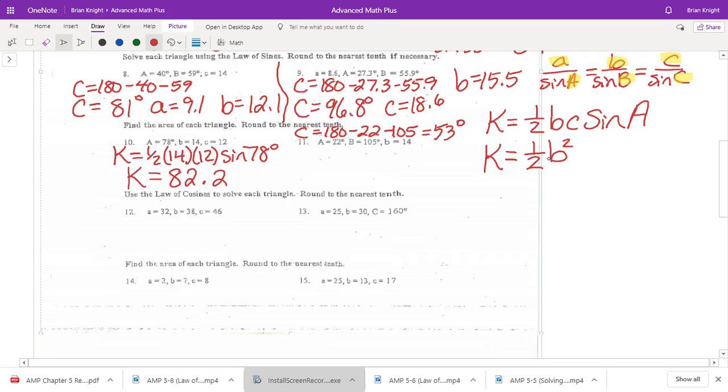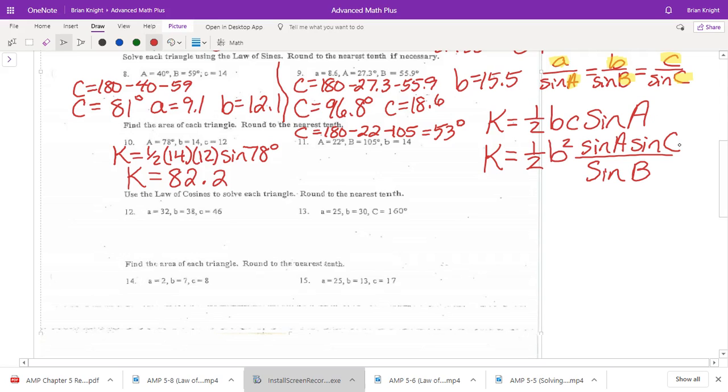Two of them are multiplying, one of them is dividing. Which one is dividing? B. Which side do we have? B. So that's the sine that goes on the bottom. Sine of B. So on top you have sine A, sine C. It's a little more complicated formula. Make sure you know them.